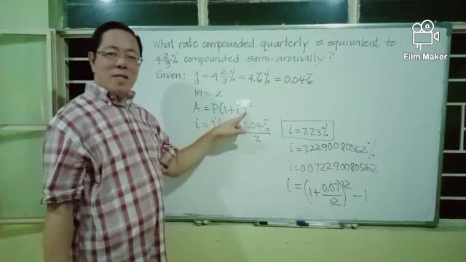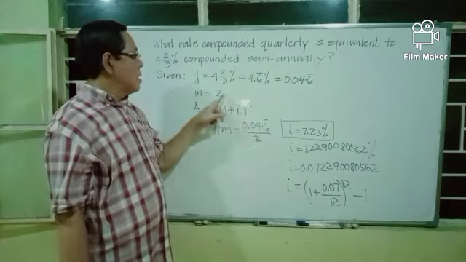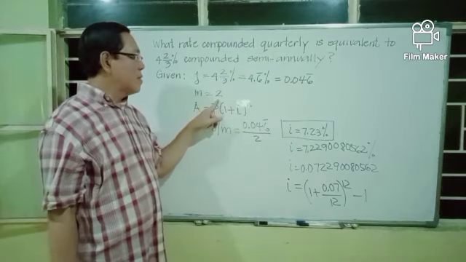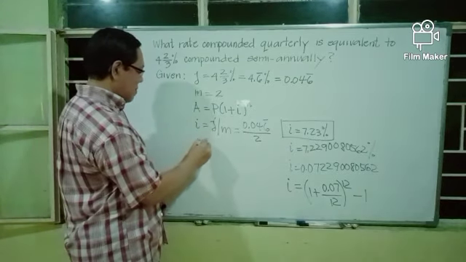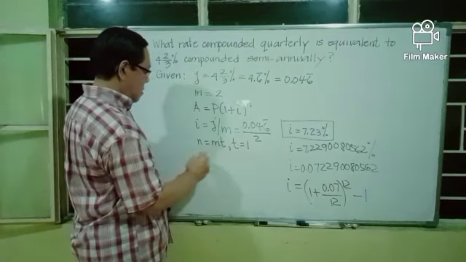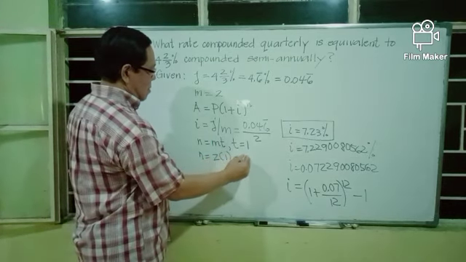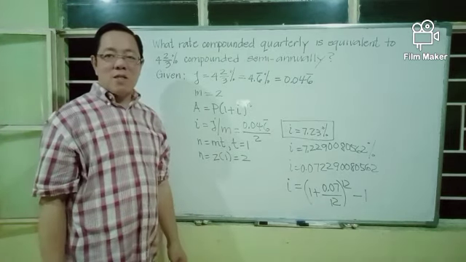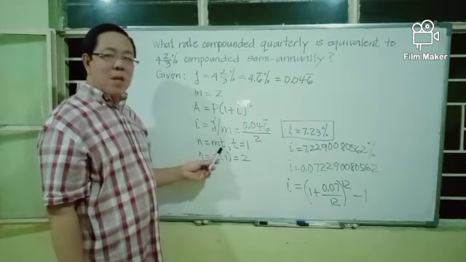Now, the exponent and the total number of interest computations for t years is equal to M, the number of interest computations for 1 year, multiplied by t years. The total number of interest computations for t years denoted by n is equal to m multiplied by t.